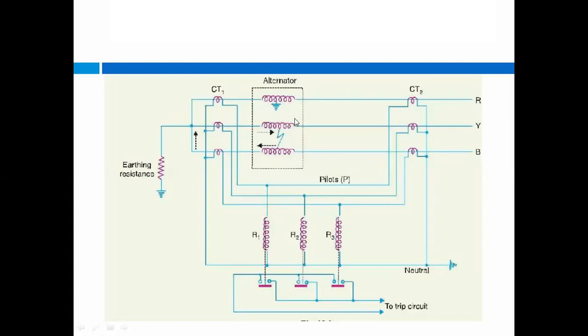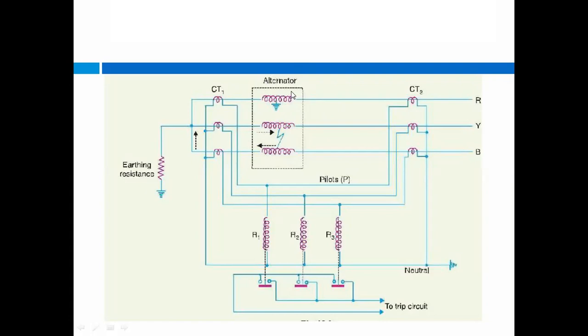The three windings are shown for the three phases R, Y, and B. As we have to protect this alternator, on both sides of this alternator we are using current transformers.